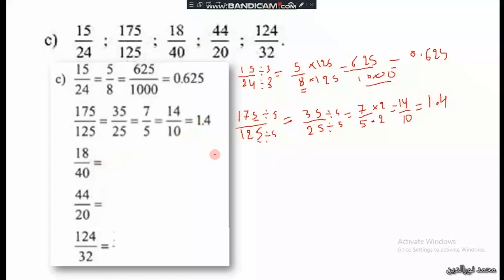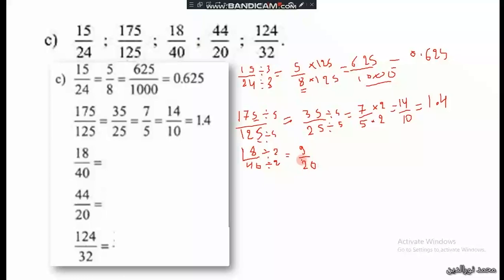And then here we have 18 over 40. These are both even numbers, and they could be simplified and divided by 2. So 18 divided by 2 is 9, and 40 divided by 2 is 20.